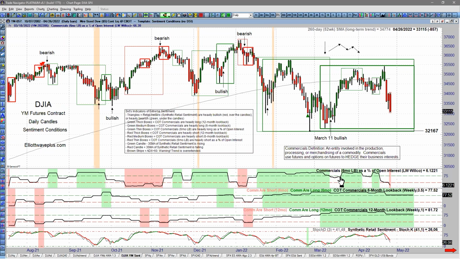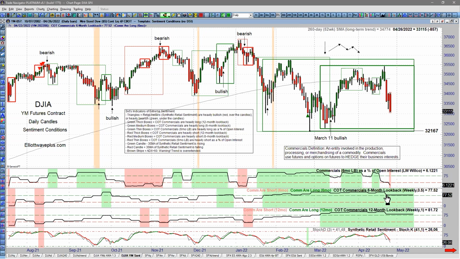So whenever this indicator, the fastest acting indicator, shows that the commercials are either bullish or bearish, it throws up a thin red box if they're bearish or a thin green box if they're bullish.